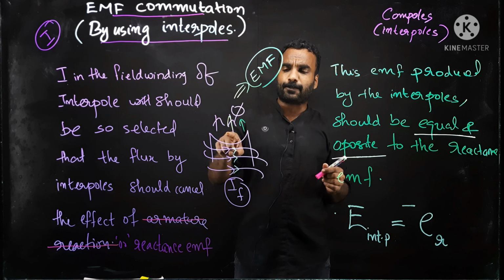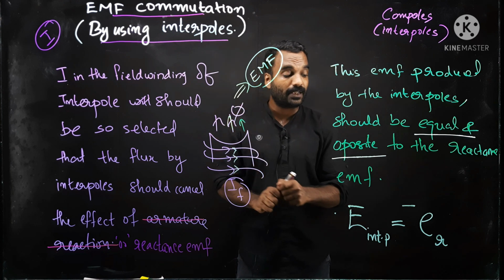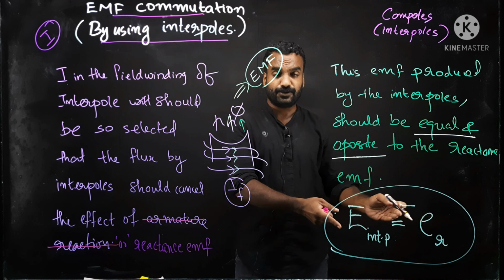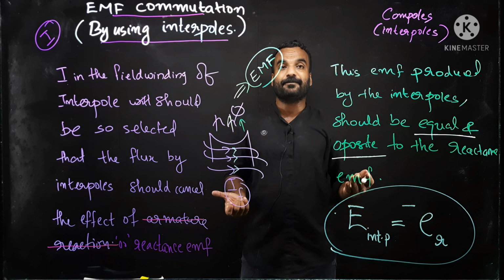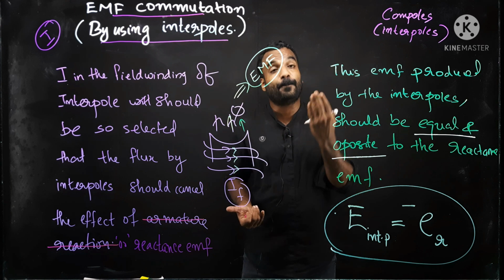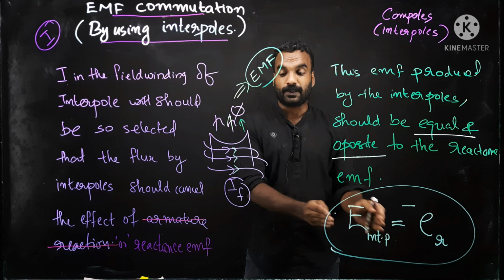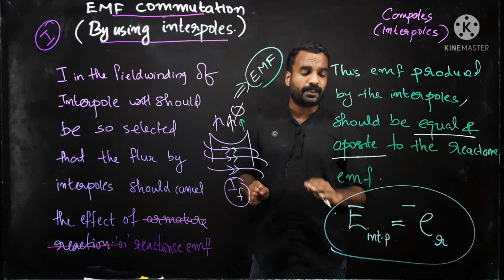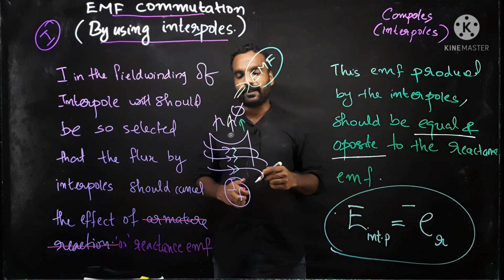Then you will get the appropriate flux direction and the magnitude will also be adjusted so that this condition should be satisfied. This should be equal. If your EMF is larger, then what happens? It will create some opposite, adverse effect. So, its magnitude is very important. The current direction, flux, magnitude of flux, everything is important so that this condition should be satisfied. That is the important point.